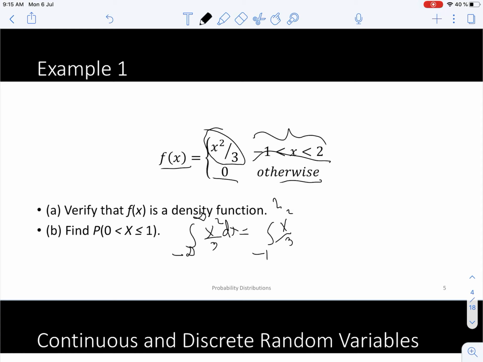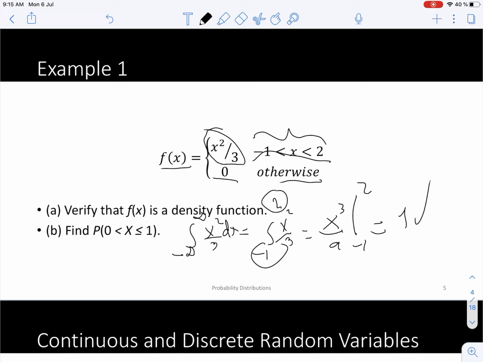Now if we do the integral, this will be x to the power of 3 over 9 from minus 1 to 2. Those are the limits. Then if you evaluate the function, this is 8 over 9 minus minus 1 over 9, so that's exactly equal to 1. So it is a probability density function.